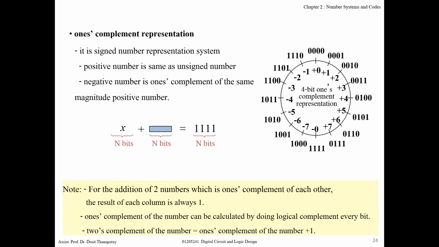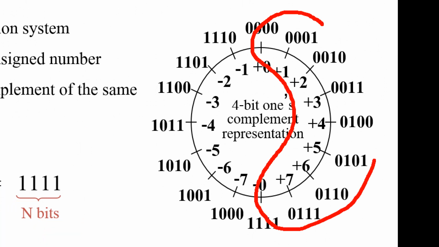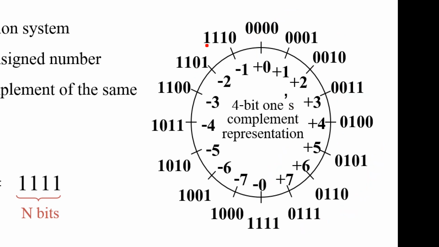Okay, and the next number representation is called 1 complement representation. For this number system, positive values are the same. You can convert directly from binary to decimal, beginning with 0 0 0 0, where the sign bit is 0. For negative, the sign bit is 1.